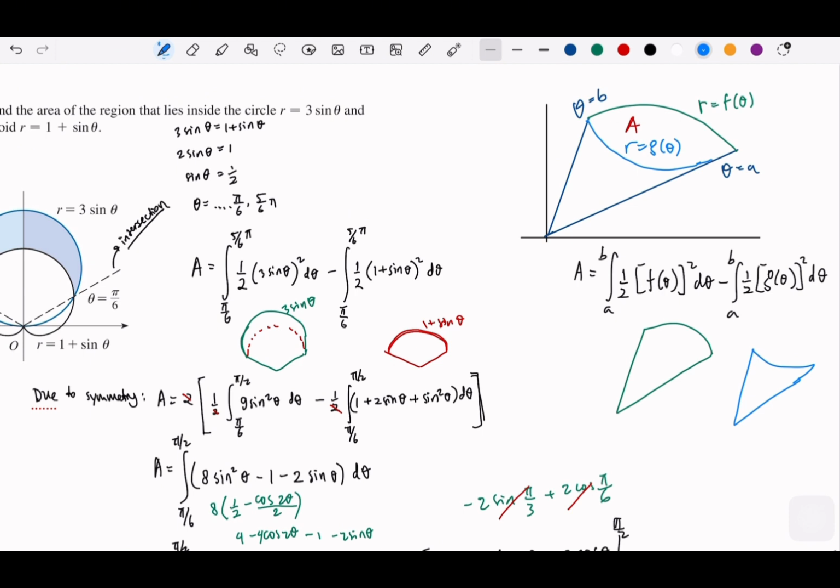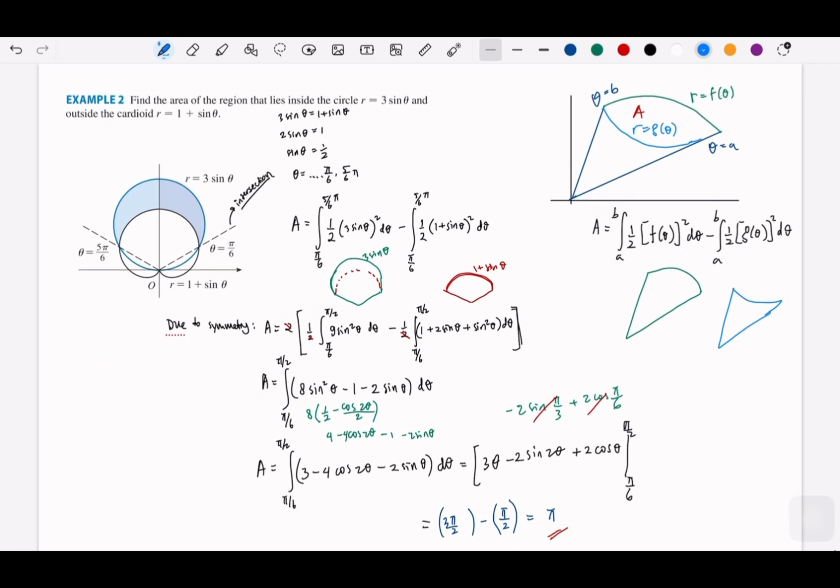Oh, zoom out. What do you think so far? Yeah, it's already out.